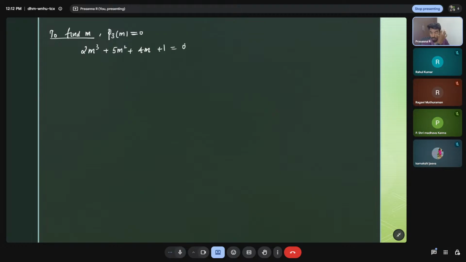Right? Minus 1 is a root, right? You put minus 1, this will be minus 2 plus 5 minus 4 plus 1. So this is 3, this is minus 3. So obviously minus 1 is a root, right?